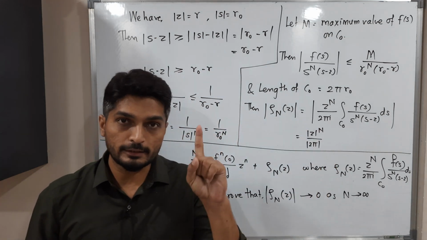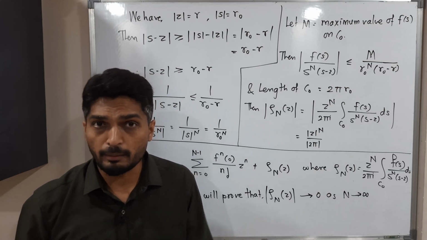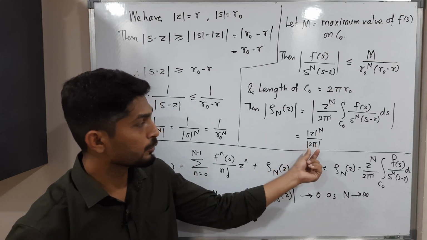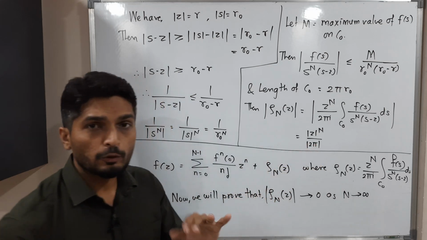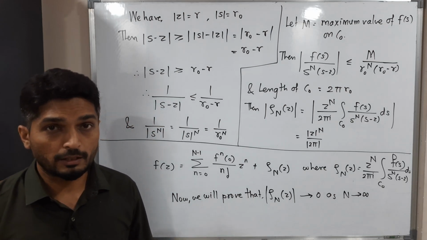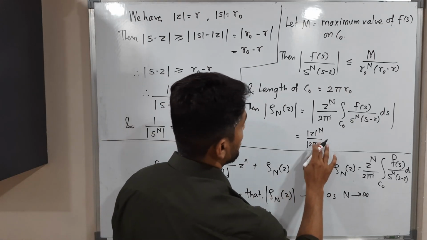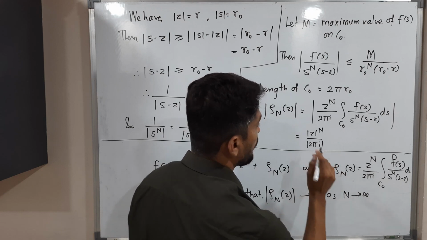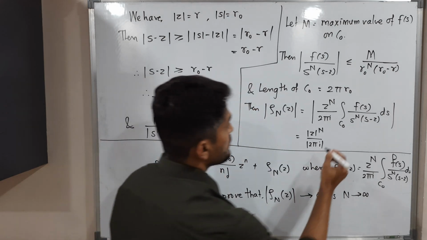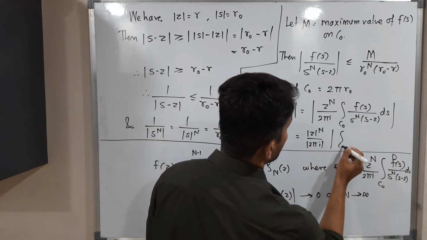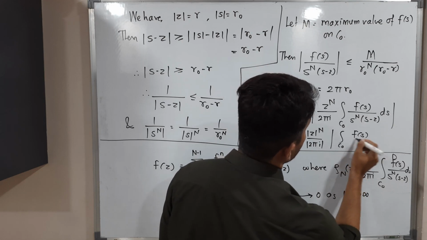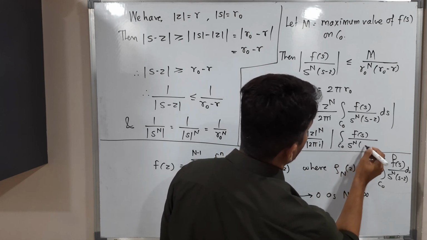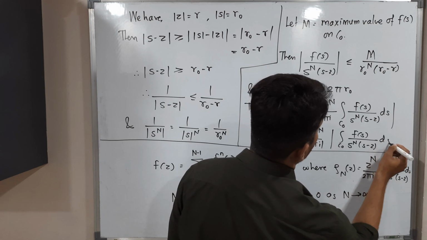Mod of i is 1, so I'm directly writing 2 pi, since it's a positive real number, times the mod of this integration over C naught.